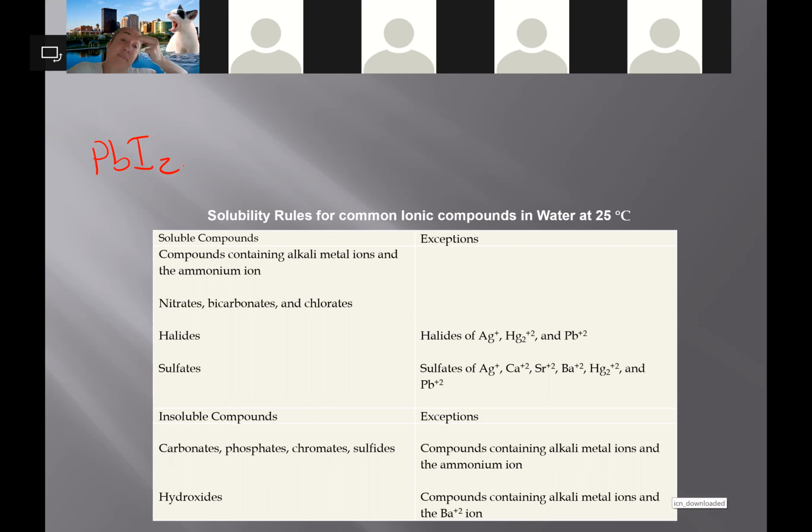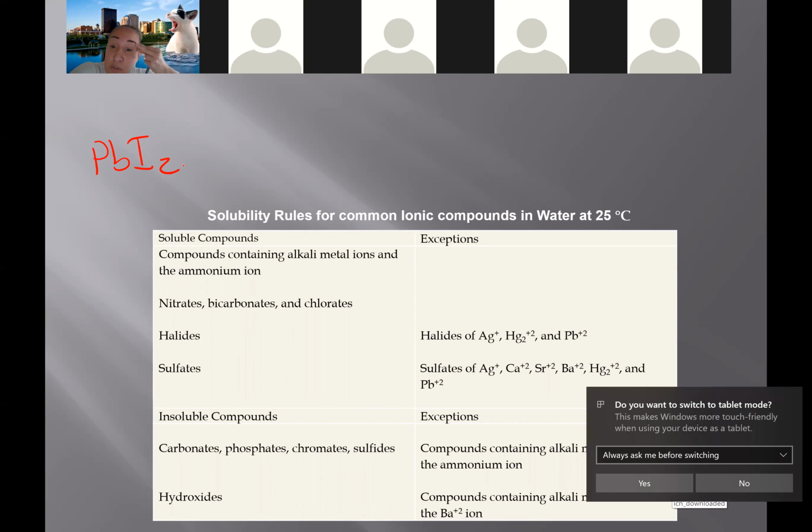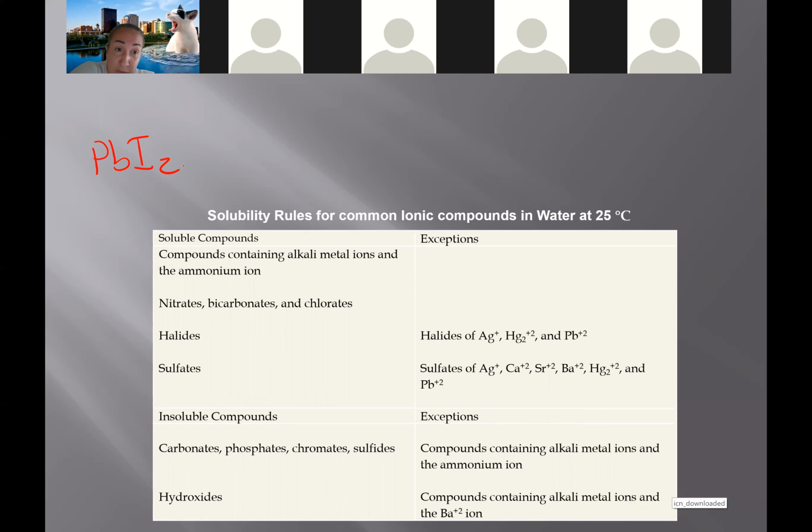It's insoluble, right? That's why I showed you the first question and asked if you know how to read the chart. So it is insoluble. Why? It's soluble because lead is a halide. It's an exception. Okay, lead is not a halide.